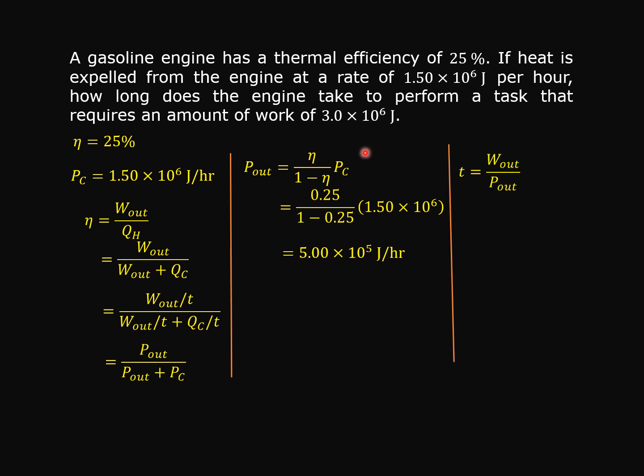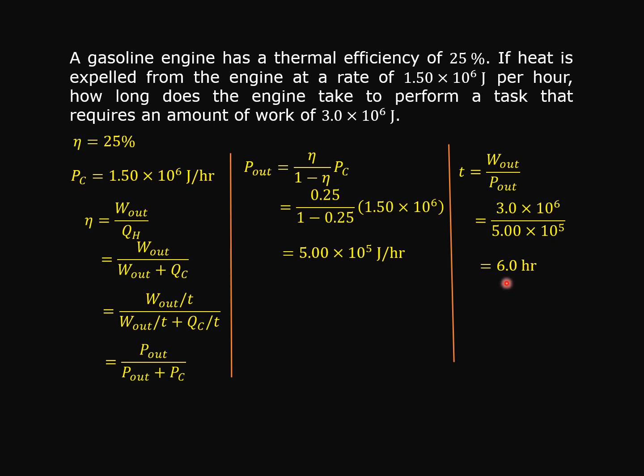We want to find how long the engine needs to take to produce this amount of output work. So with the information that we obtained for the output power, now we can find the time T by using the output work divided by the output power. We substitute the work done, 3.0 times 10 to the power of 6, divided by the output power, which is 5 times 10 to the power of 5 joule per hour.